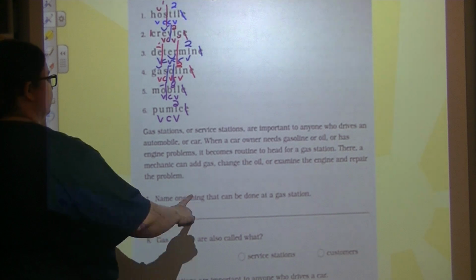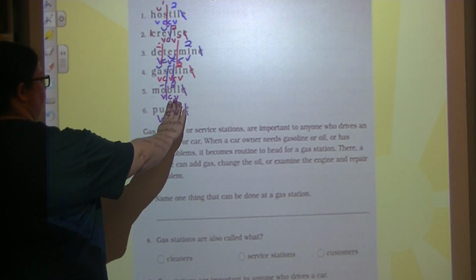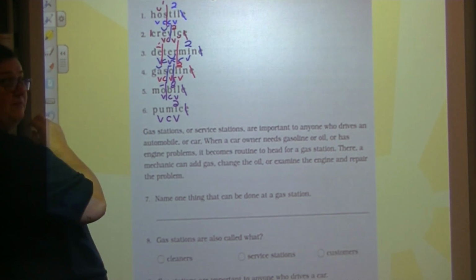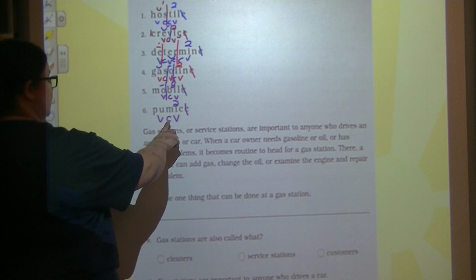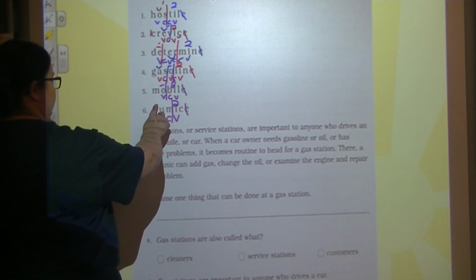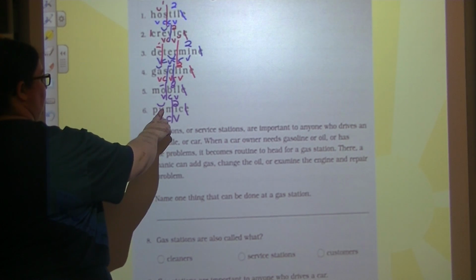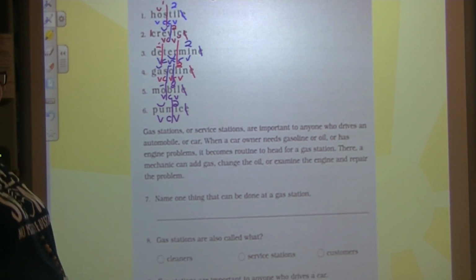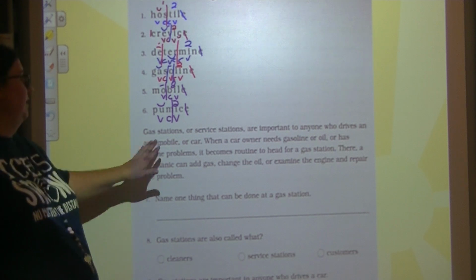All right. If we divide here, it would be pumice. All right, another word we know, right? So let's divide here. Hummus. All right.